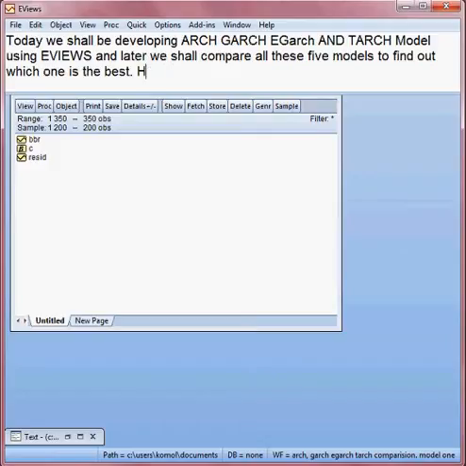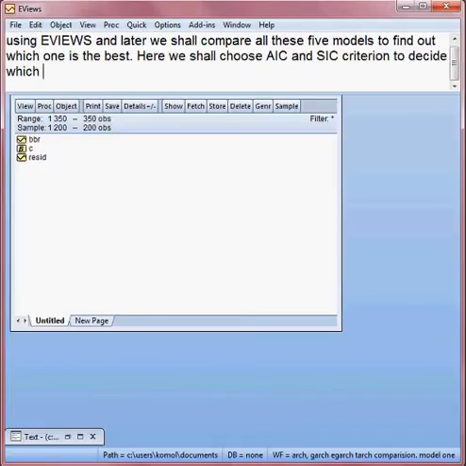And here we shall choose AIC and SIC criteria to decide which model is the best.